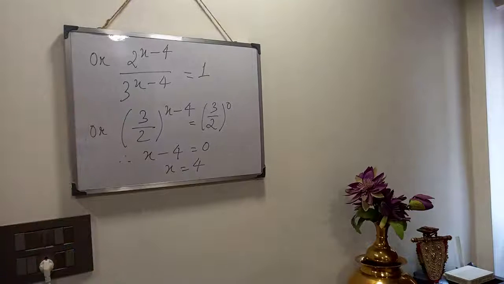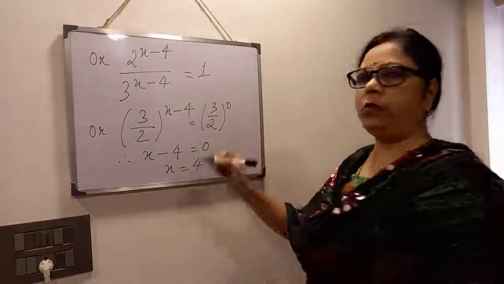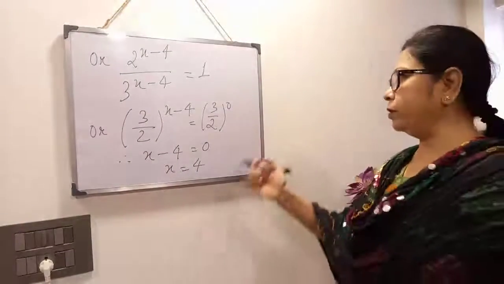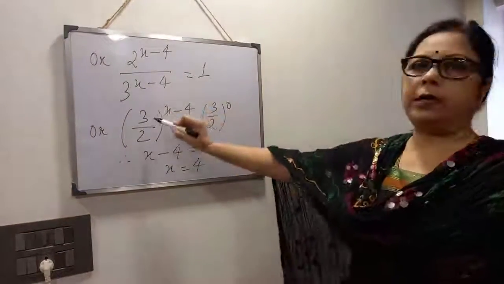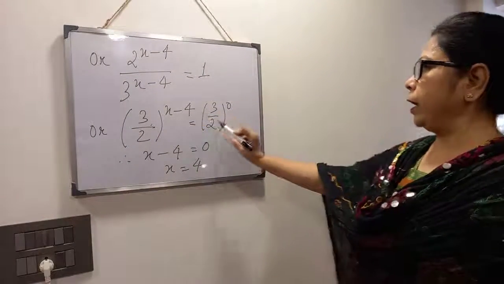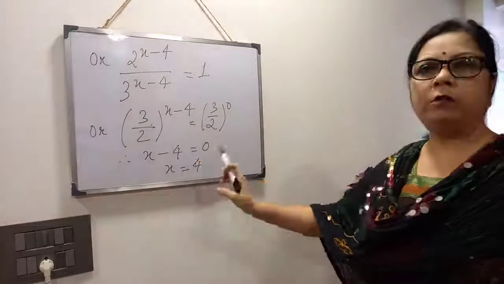This is your solution. So it is clear, I think so. That's why I have taken 3 by 2. I have not taken other variables x, m, a, 2, 5, etc., as on the left hand side there is 3 by 2. So if we can make base same, then we can equate the power, then we can solve.